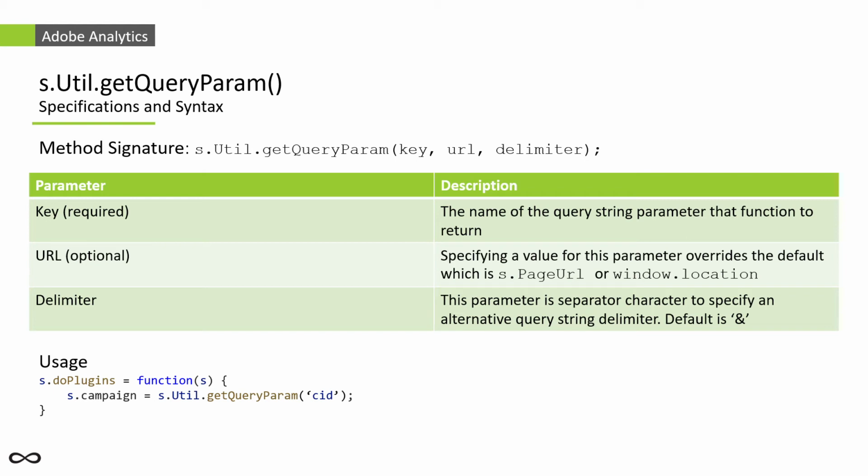Similarly, since we saw the app measurement.js file has two plugins, we can write s.campaign equals s.util.getQueryParam. The reason for writing the two plugins is that we are maintaining a single shot campaign, and as we are aware, CID will be throughout all the pages which have that query parameter.